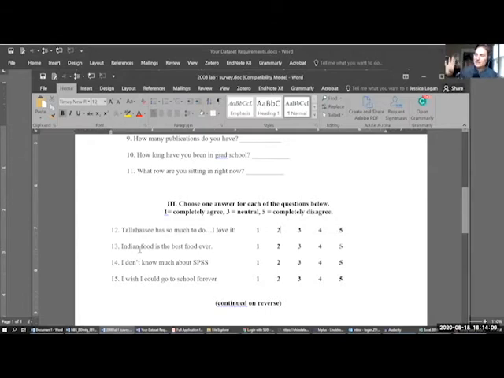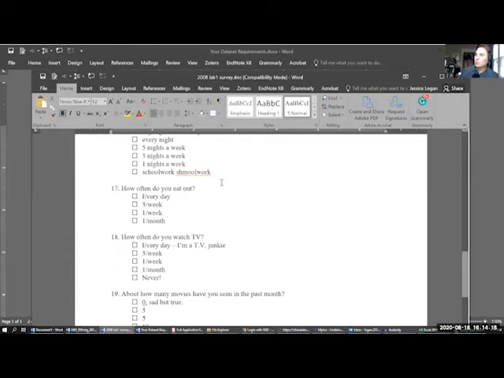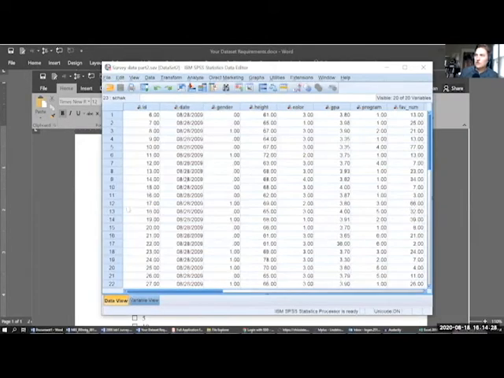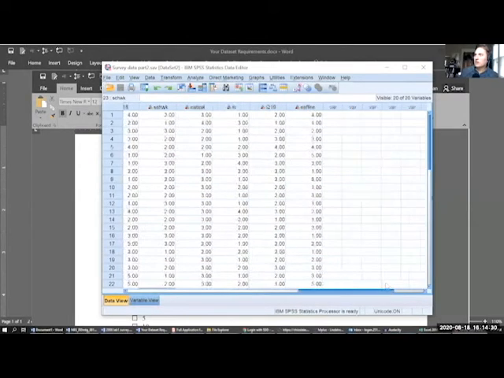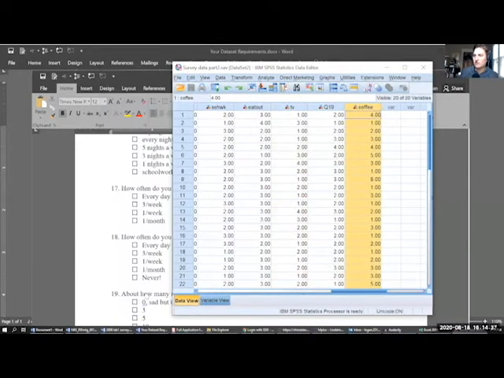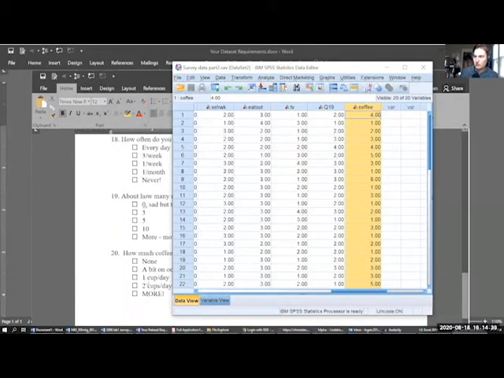What I want to show you is how you go from a survey like this to actual, usable data. What I have done with this survey is turn it into some data. Right here at the end is the coffee question that I asked on the survey: how many cups of coffee do you drink every day?